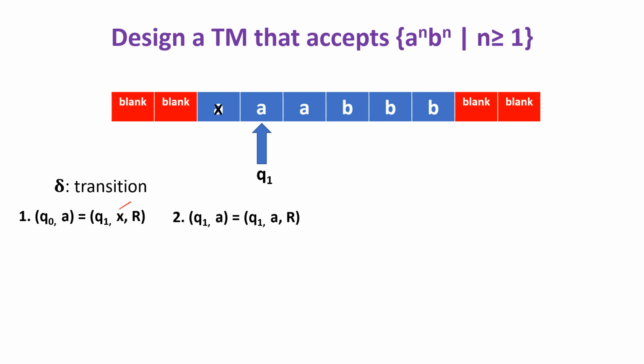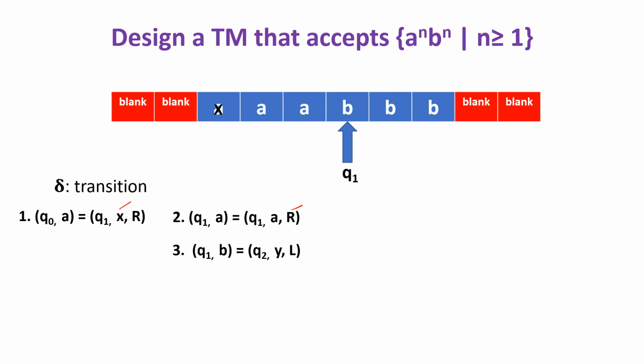So for that, we have the second rule, Q1 A: keep Q1 and A as it is, just move towards the right. Next, Q1 A, already we have the second delta transition for it. Next, when we come across Q1 B, what to do?